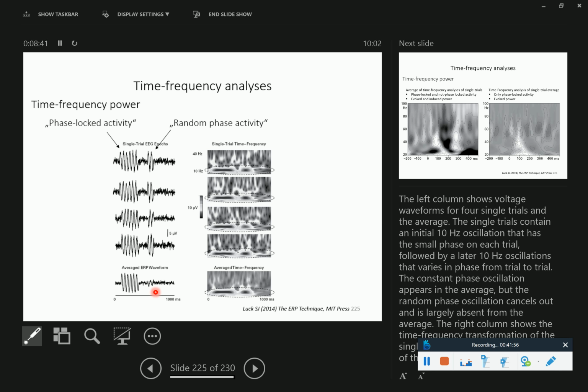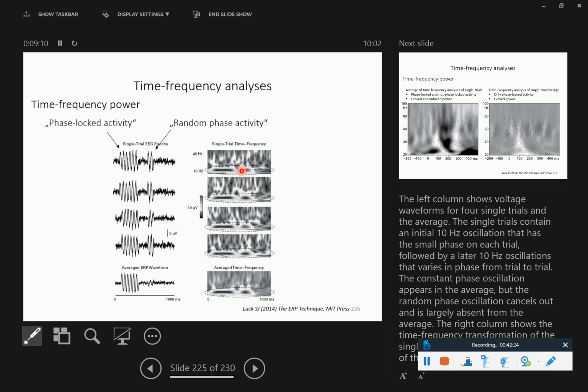And then you can do the following, and in this case looking at induced power almost. Here you do the time frequency decomposition of this, and then of course you see that there is some low frequency, so this is 10 Hertz, low frequency power here at this point in time. This is just looking at it in time frequency space.